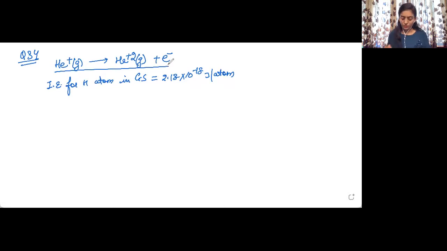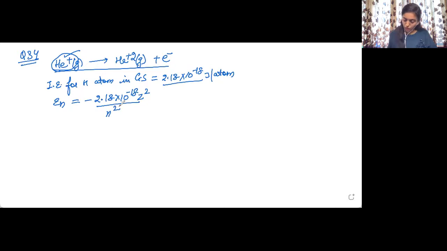Now, first see this carefully, that this ion is He+, that is, it is hydrogen-like. Because it has only one electron, this formula will be applicable here also. So if we want to write the energy of an electron in He+ ion in the nth energy level, En will be equal to minus 2.18 into 10 raised to the power minus 18 multiplied by Z squared, because now we need to consider the atomic number, upon n squared.